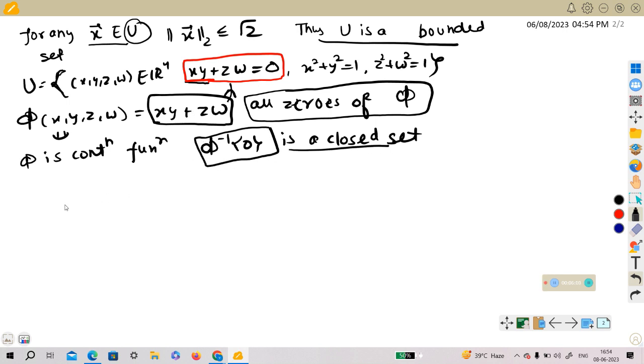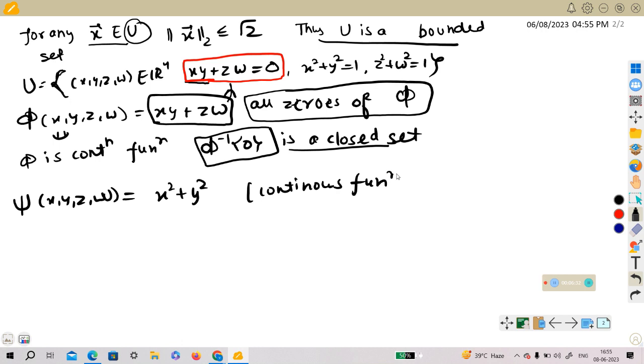Okay, in a similar way we define another function, let's call it psi. Psi(x, y, z, w) is equal to x square plus y square. Okay, it's a continuous function, again polynomial, and psi inverse 1 is a closed set.